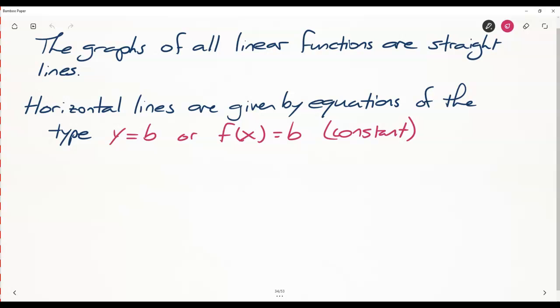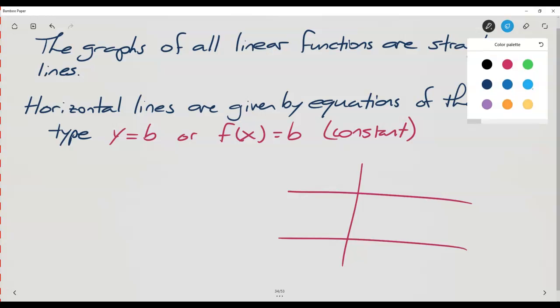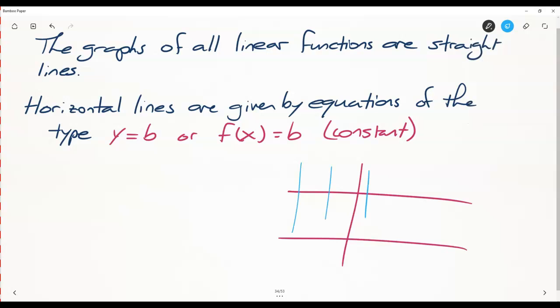Now, if you just imagine a horizontal line and I'll sketch it down here, it doesn't matter where it is. If I sketch just some vertical lines, do you see how all of those blue lines intersected the graph exactly one time?